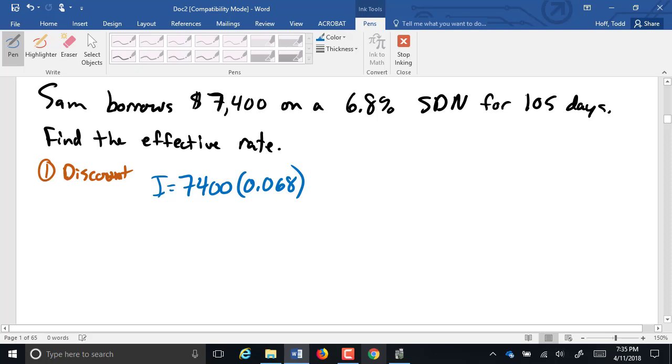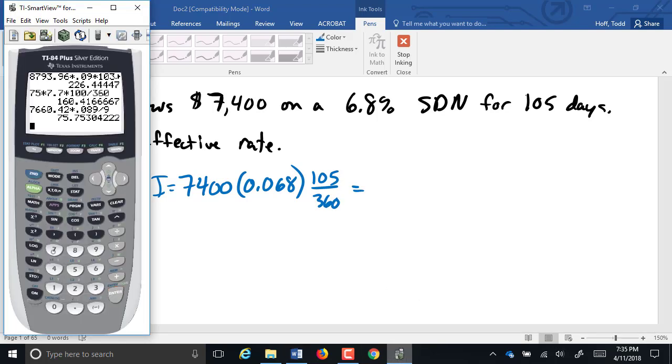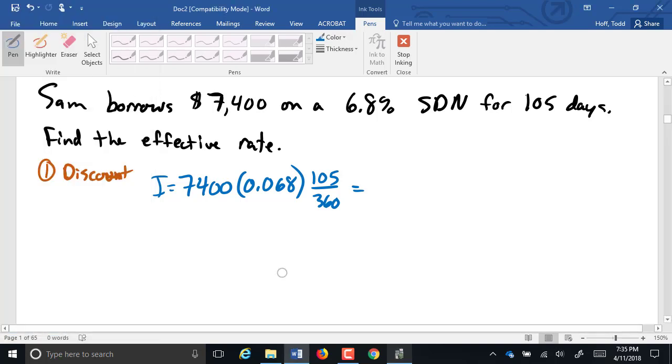Perfect. 0.068 for the 6.8%. 105 over 360. $146.77.